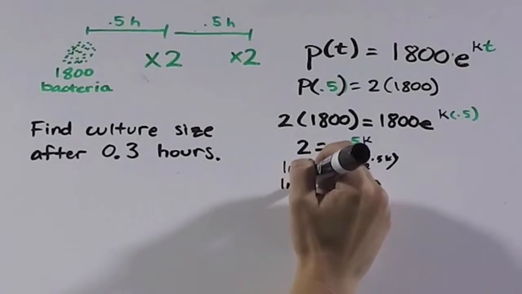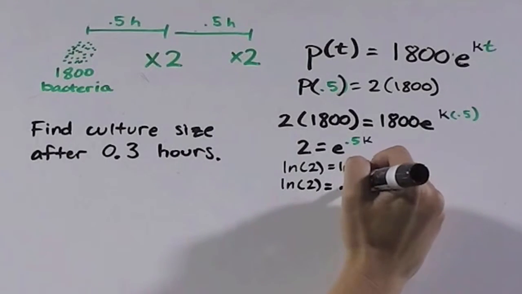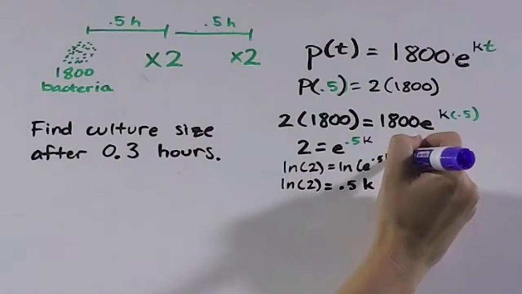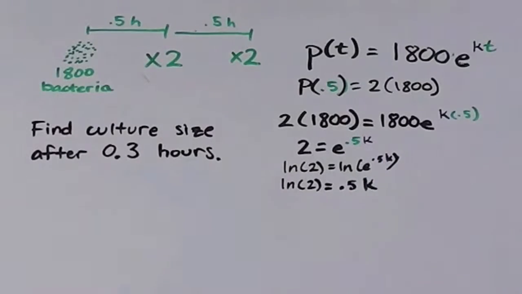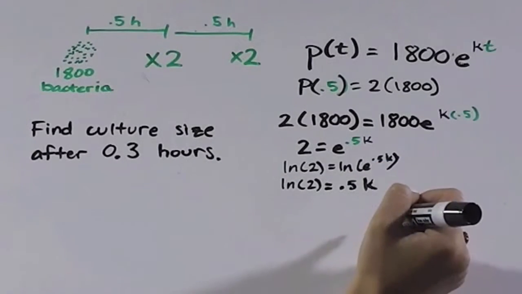So this means natural log of 2 equals 0.5 k. Now we're still looking for this k, so I'm going to keep it in blue. And what happens next? Well, to continue isolating the k, we just need to divide both sides by 0.5.